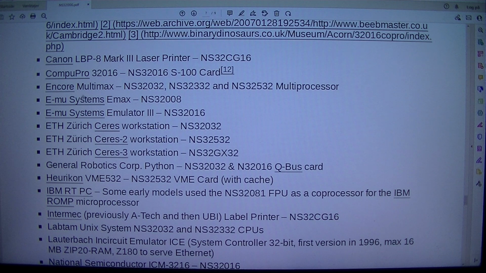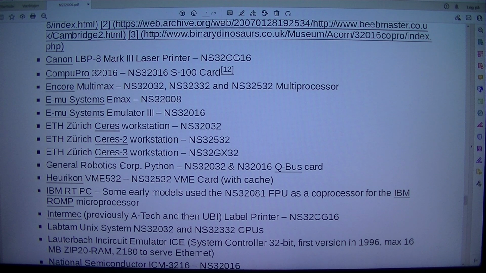Encore Multimax NS32032, NS32332 and NS32532 multiprocessor. EMU Systems MX NS32008. EMU Systems Emulator 3 NS32016. ETH Zurich Series Workstation NS32032. ETH Zurich Series 2 Workstation NS32532.